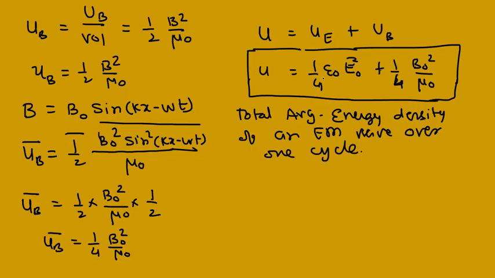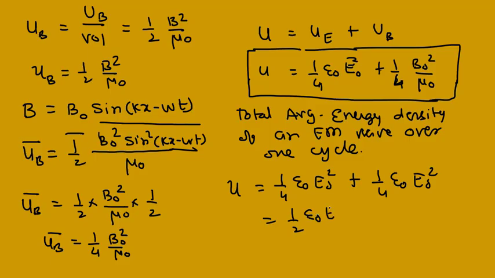The other thing to keep in mind is that both the values are equal. So the total energy could also be written as 1 upon 4 epsilon naught E naught squared plus 1 upon 4 epsilon naught E naught squared, because both of them are equal. Therefore I could write this as half epsilon naught E naught squared.